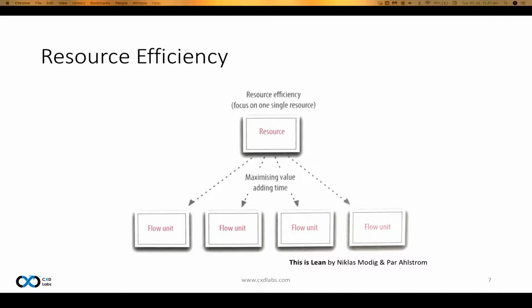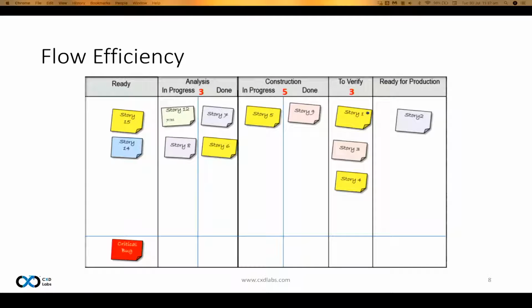Okay. So the next one we have is flow efficiency. What is flow efficiency all about? Let's go back to my assurance team that I was coaching 6 months ago. One thing I did was implement a Kanban system, which is all about showing the flow of work within the team.